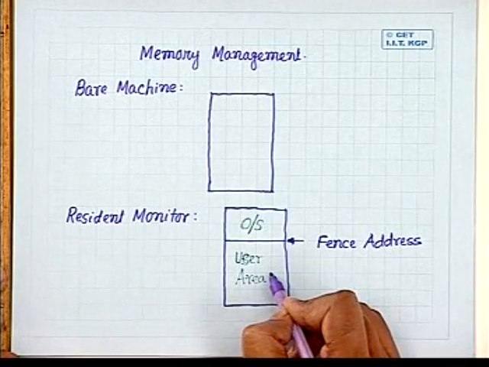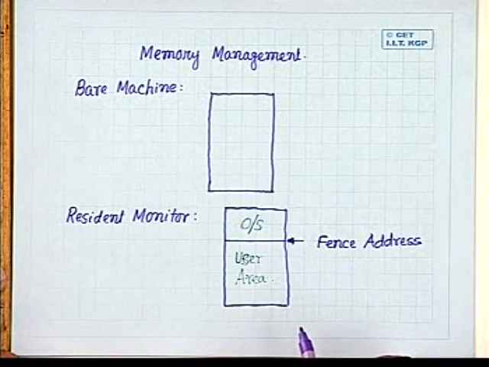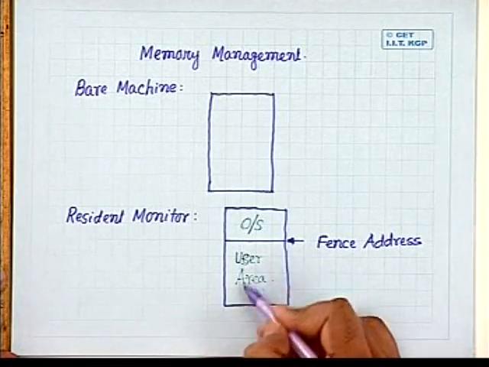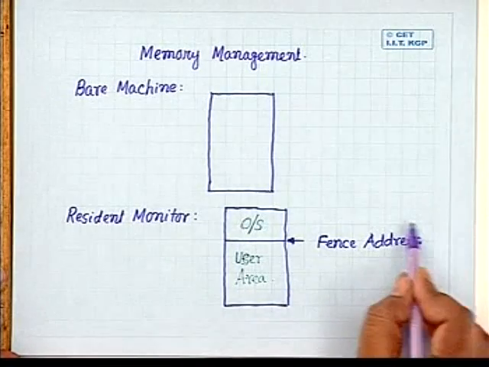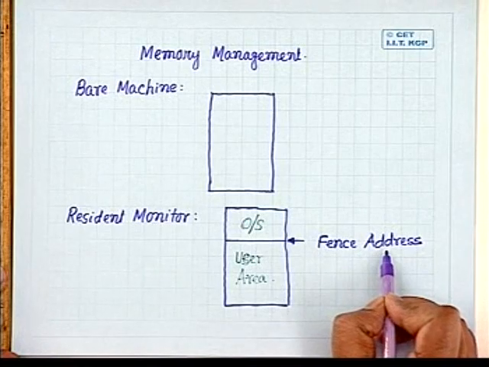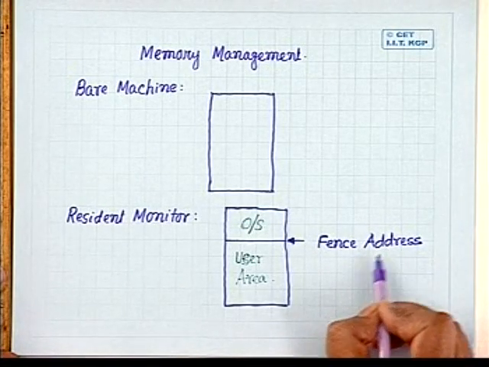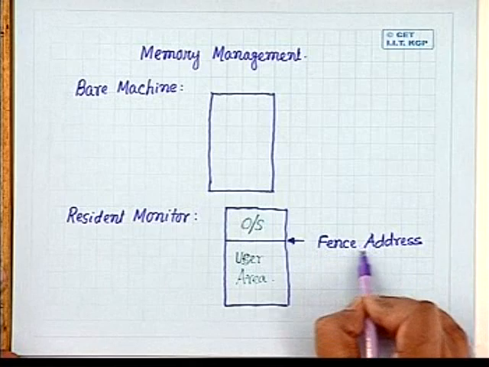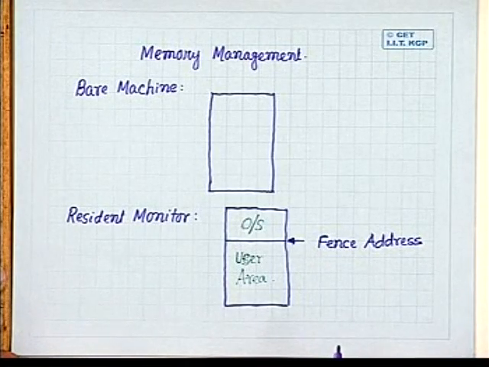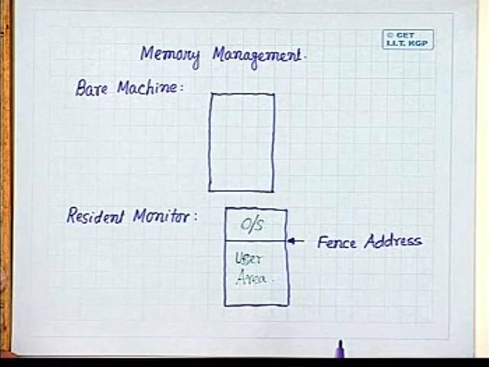However, if the address is greater than or equal to the fence address, then it's a valid address and the user program can continue. So always I have to have a check with this fence address. Now the question is how to implement this fence address. There is one option that this fence address can be placed in hardware. Whenever the user tries to access any memory, the memory address has to be compared with the fence address.